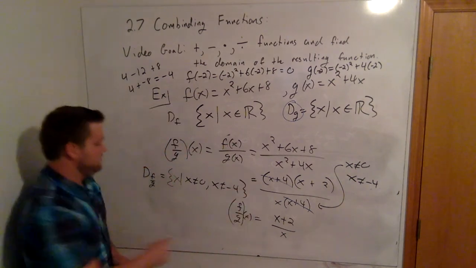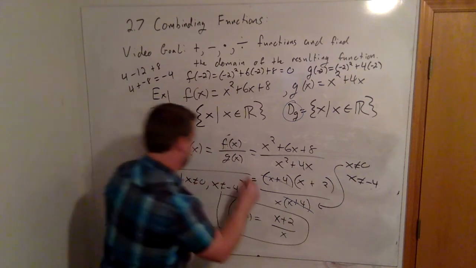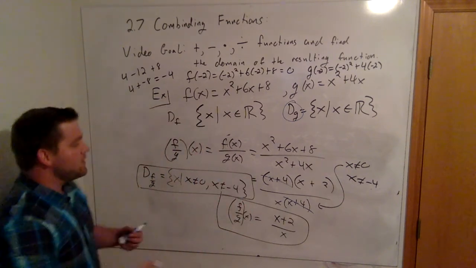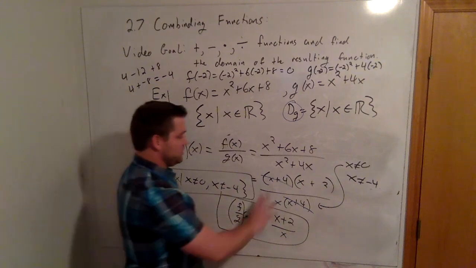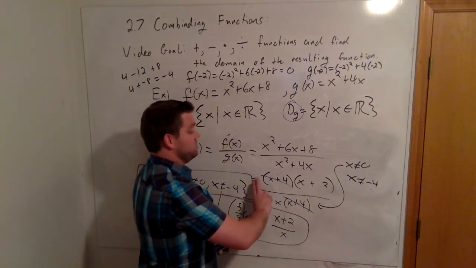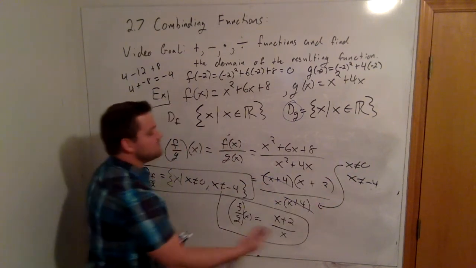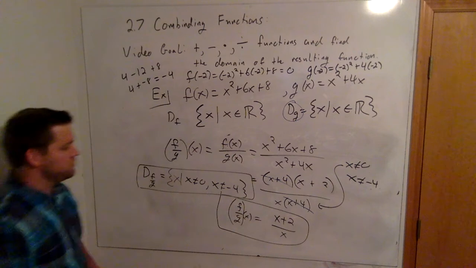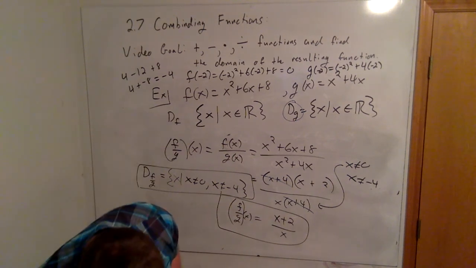So this is the resulting function when I divide them, and this is its domain. Okay. So be careful when you're dividing functions and you're simplifying. You need to make sure to look at the version before you simplify and define the values of x that you can't plug in, and then simplify and report your final result. Okay, let's do another example.